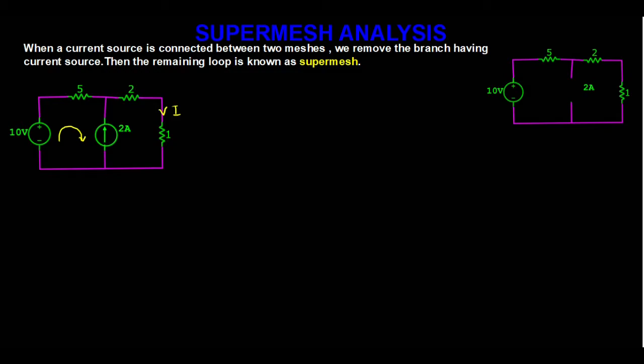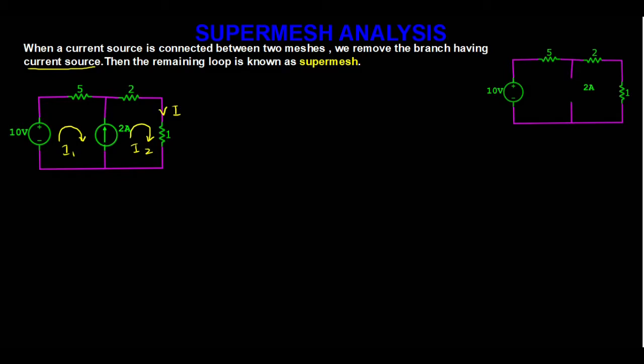We have two meshes. Through this mesh I1 current is flowing, through this mesh I2 current is flowing. In between these two meshes, a current source is connected. This is when we use supermesh analysis.